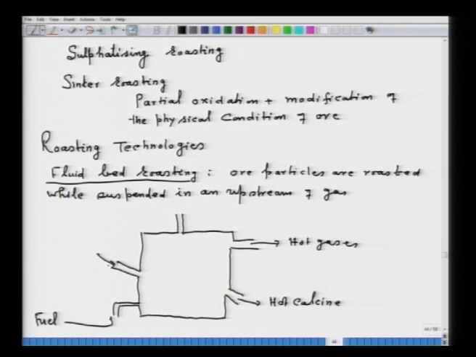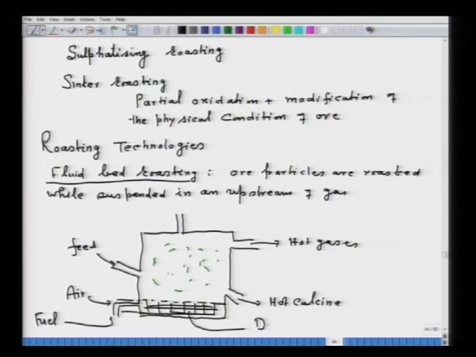Here you have the feed, and here you supply air. The particles are roasted while in suspension, and this is called a distributor, because when air is supplied, it distributes the air so that the particles get a sufficient amount of air.